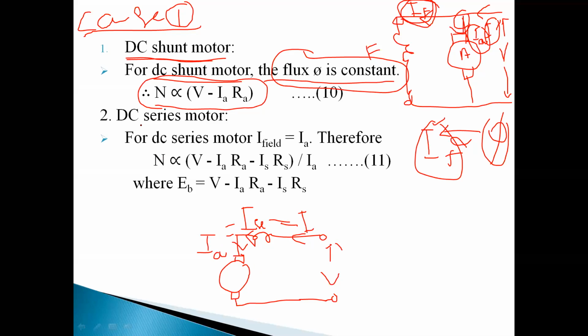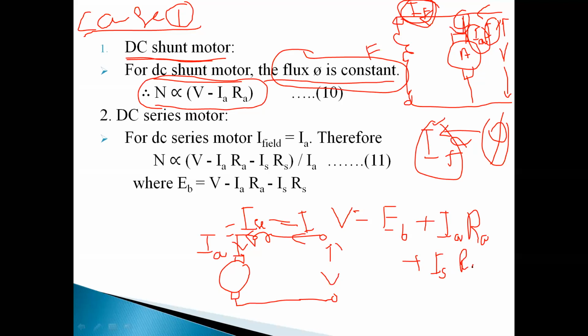Further, in a shunt motor V equals EB plus IRA. But in a series motor V equals EB plus IA RA, the armature resistance drop, plus the series field winding drop. That is represented with IS and RS.